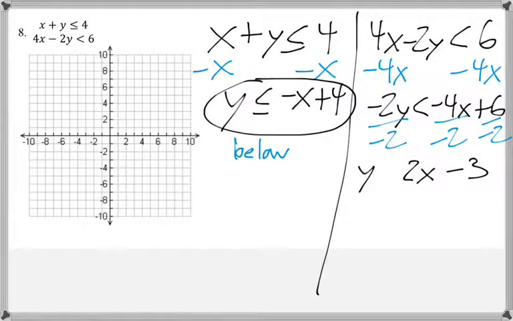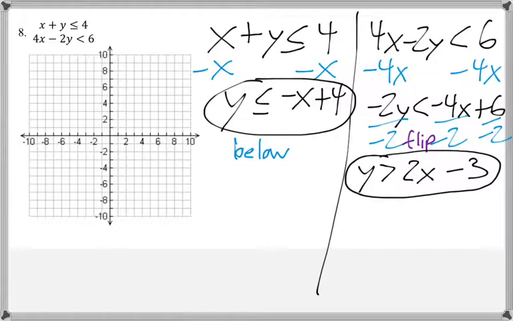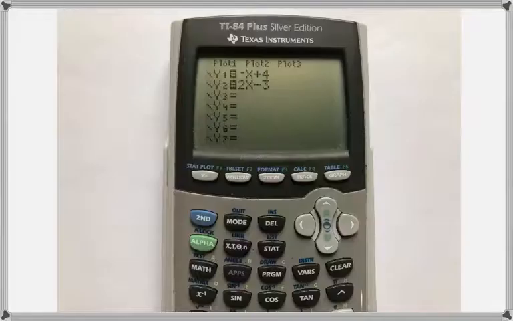But because I divided by a negative number on both sides, I need to reverse the inequality sign. So we have y is greater than 2x minus 3. So I'm going to be shading above this line. So now I'm ready to type in my inequalities into the calculator.